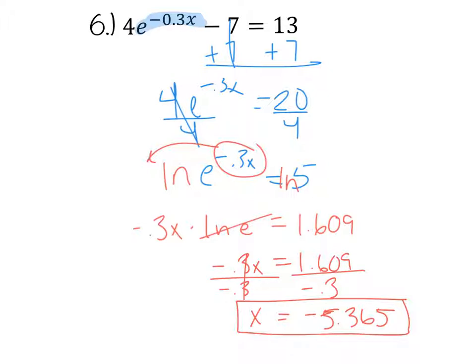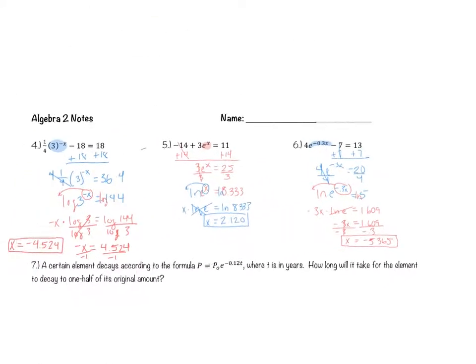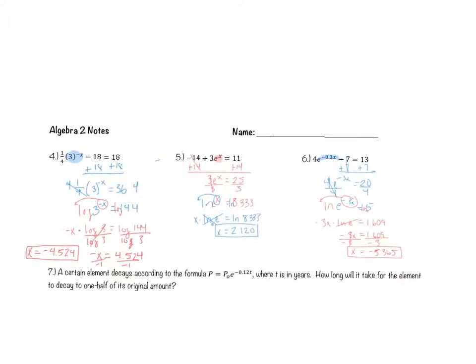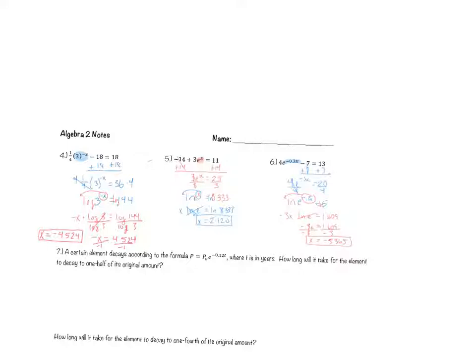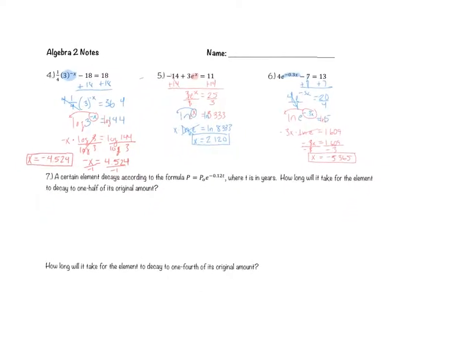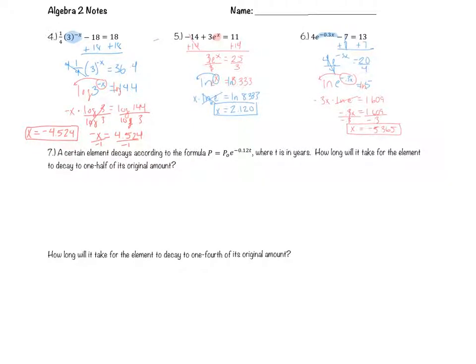So we have the property of equality. If the bases are the same or pretty close to the same, you can use the property of equality to just set the exponents equal to each other. But in most cases, you're going to have to use logs. We're going to do a word problem here, again with decay, to show you how you can actually solve these.